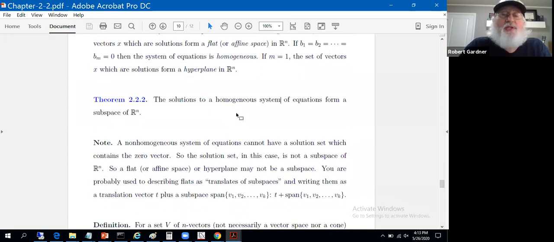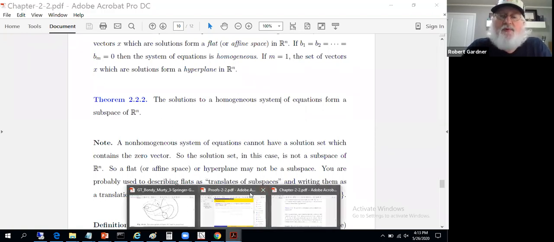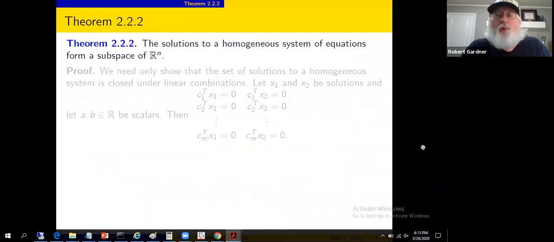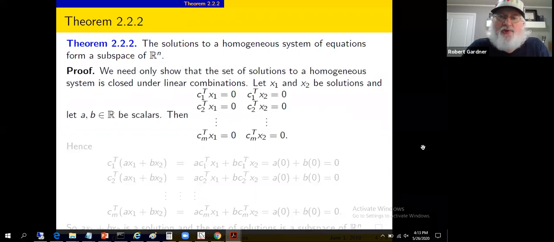When we look at homogeneous systems, the claim is, and you'd show this in sophomore linear algebra, the solutions to a homogeneous system of equations form a subspace. These others need not form subspaces, as you saw in linear algebra. Let's take a look at a proof of that, because it's easy, it's computational. We'll do it in terms of this notation that's introduced in our textbook.